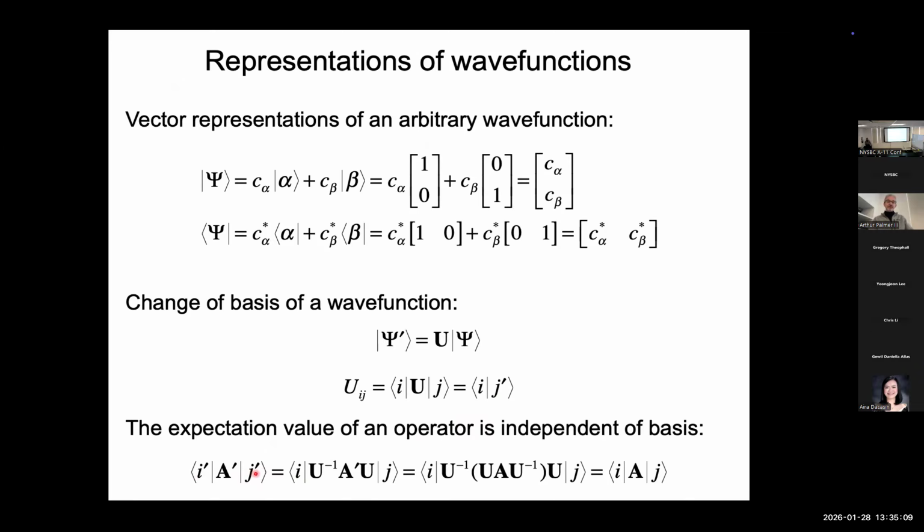So if we do this in the transformed frame and I plug in the inverse transformation going back to the original frame, and then plug in what the transformed frame is, I quickly find that the expectation values don't depend on the frame.